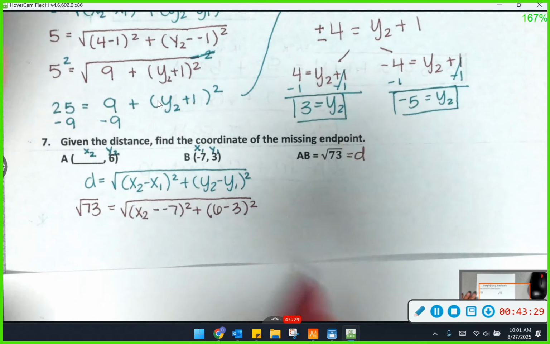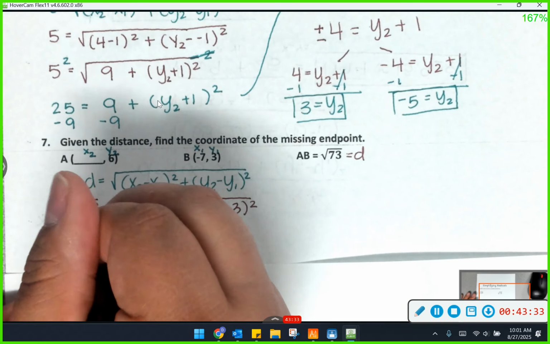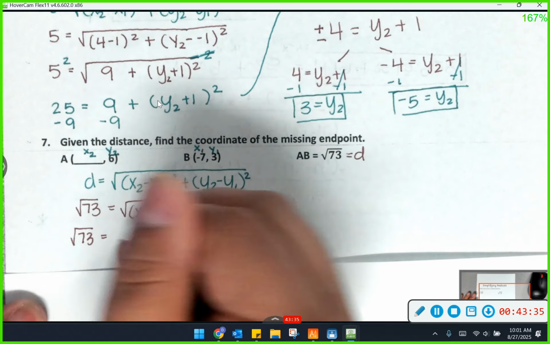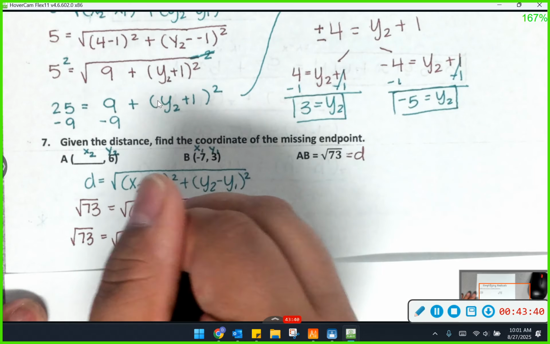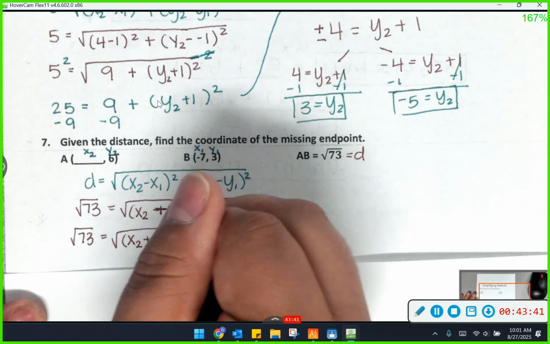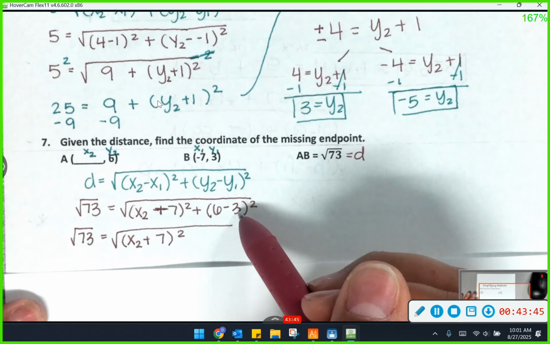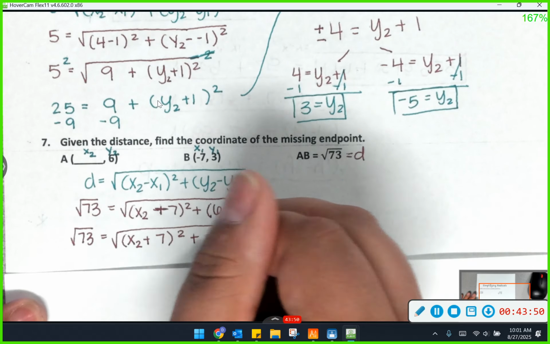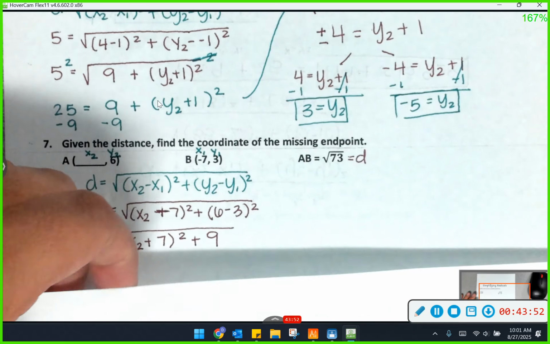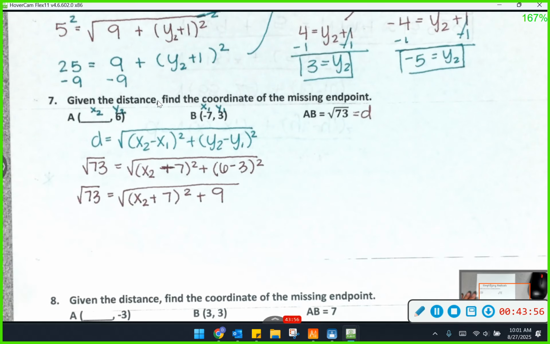It turns positive. X2 plus 7 squared. And what is 6 minus 3? 3. Squared? We have a 9 again. Here we go. Y'all can write this down with me as you go.